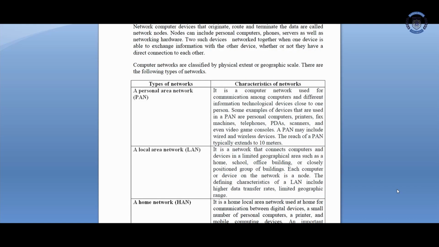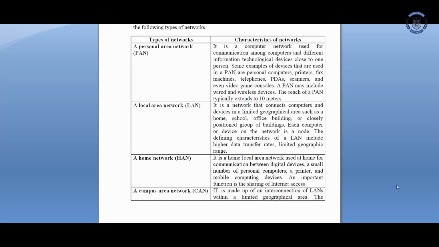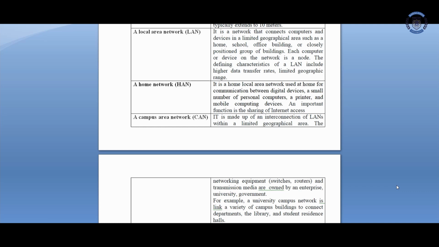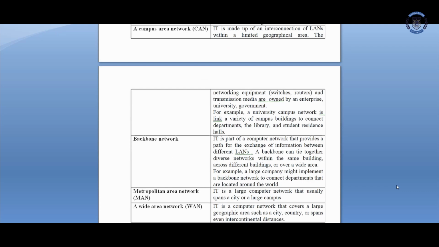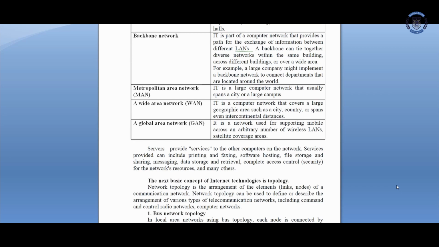Computer networks are classified by physical extent or geographic scale. They are the following types of networks: a personal area network, a local area network, a home or campus area network, backbone network, metropolitan, wide and global area network.